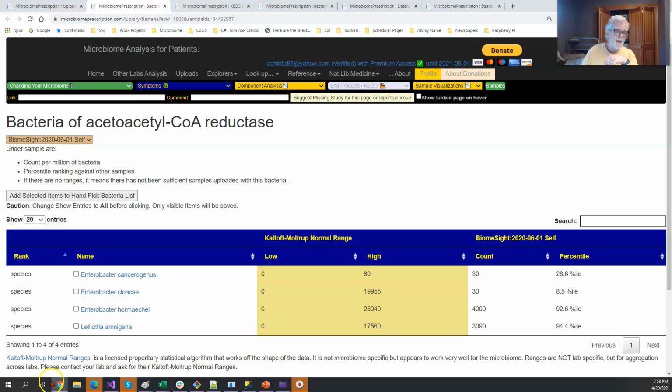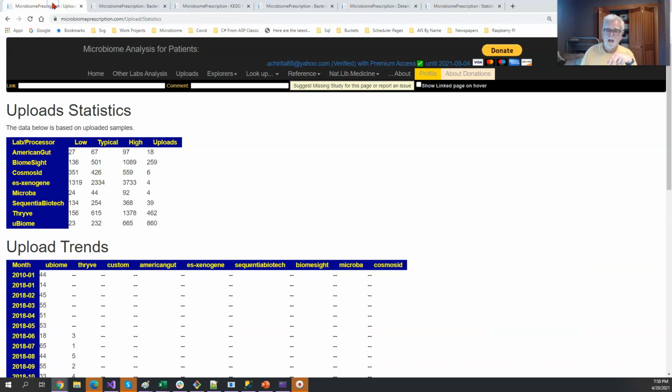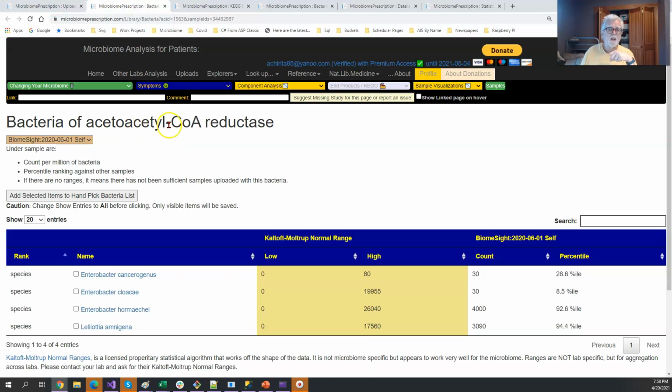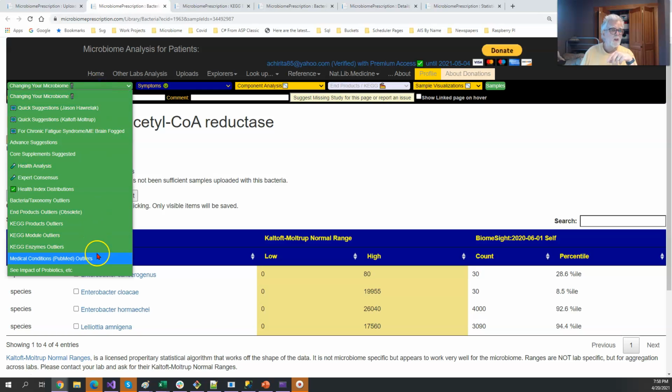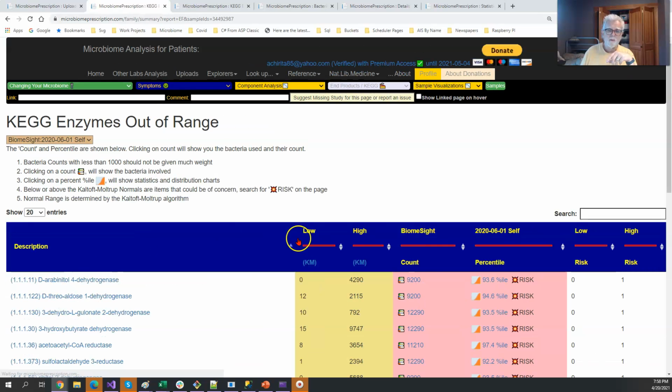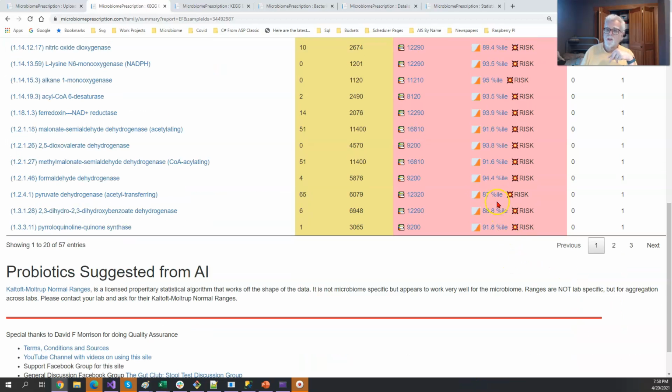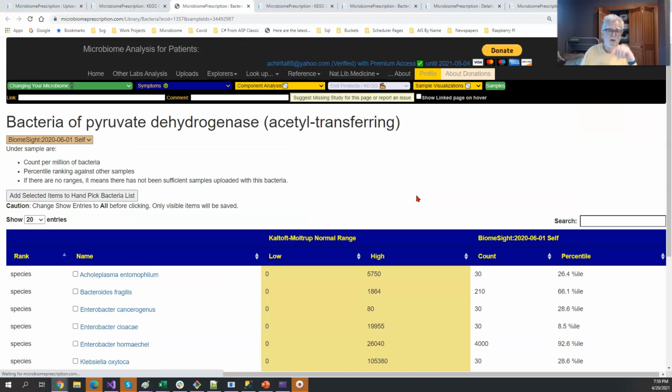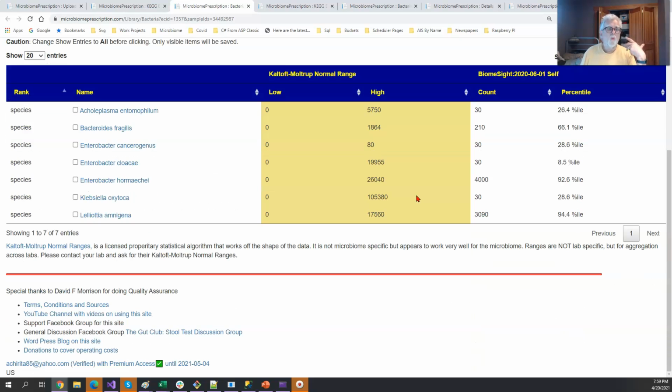Okay, I'll shut up now. Basically, if you are in the case here where everything is high, let's go back there, to enzyme outliers where everything is high, then all you can do is adjust by reducing the bacteria, and you do that by clicking there and seeing what things are high.